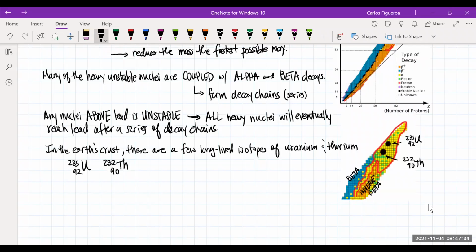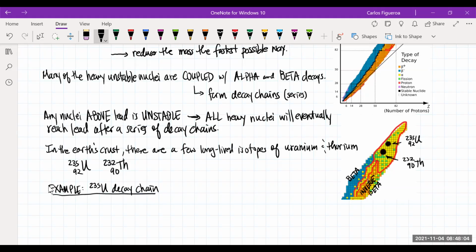Now note, this is complicated. So let's go look at uranium. Let's focus on our example here. We want to look at the 235 decay chain. Okay, that's going to be our example.